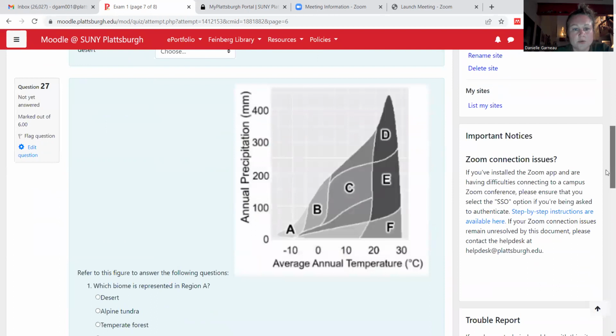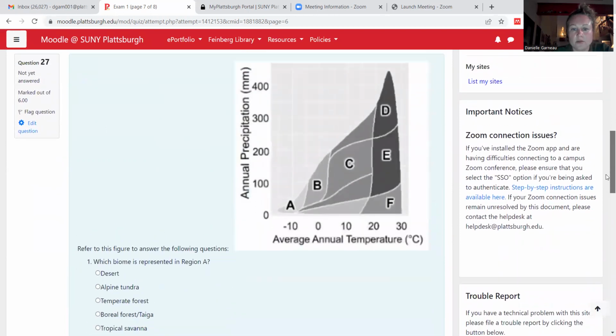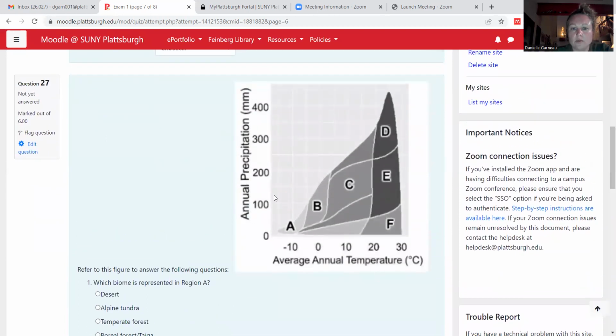All right, 27 is one of those diagrams I told you was really important, right? With precipitation and temperature. So you want to orient yourself, right? It's really cold here, it's really hot here, it's really dry here, it's really wet here, okay? So on the extremes, A is cold and dry, F is warm and dry.